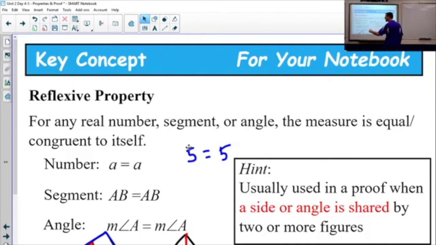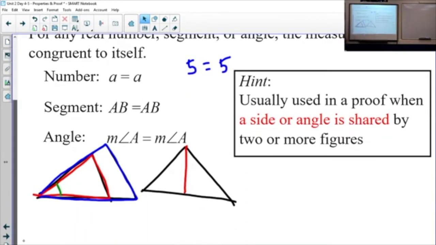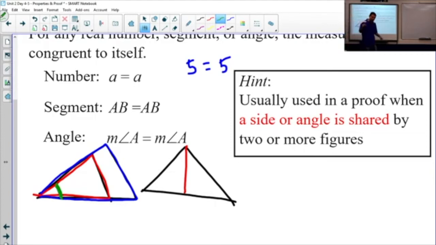And so in the next chapter, when we talk about triangles, there's a lot of times where we're going to be talking about a common side or angle that's shared in the two triangles. So for example, in this red and blue triangle, they both involve this green angle. So we can talk about this green angle in the context of the red triangle and this green angle in the context of the blue triangle. And so this reflexive property is going to allow me to say, hey, well, those are the same angle, so it's got to be the same.